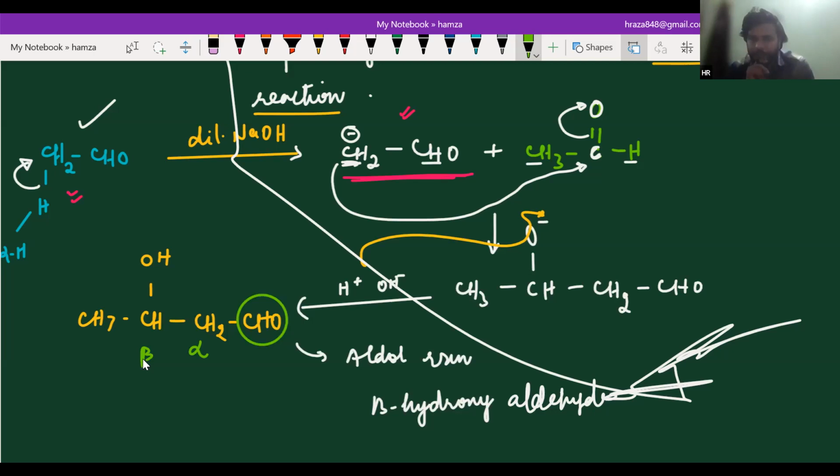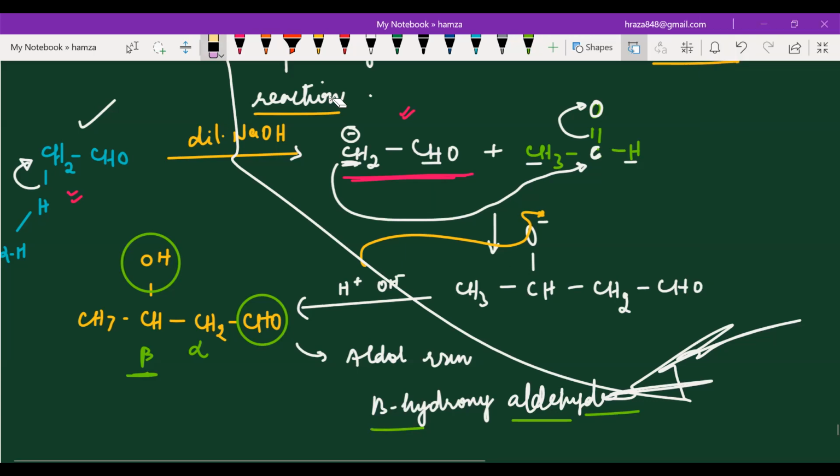Yes or no? So on the beta, it is hydroxy, so I just wrote beta hydroxy aldehyde. Please do write it because it's not erasing. I'm using the eraser, but it's not working. Please do write it.